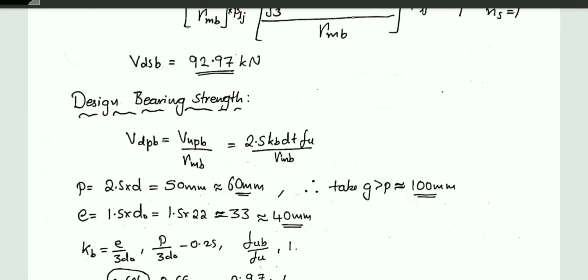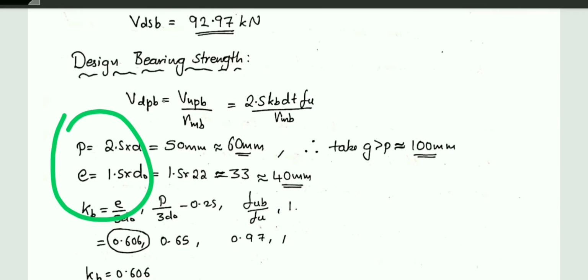Next, for bearing capacity, by the standards you take the pitch distance p and the edge distance e. Since the pitch distance almost becomes 50 mm, we will assume 60. We can take the gauge length as greater than p, and assume 100 mm, since no restriction is given.